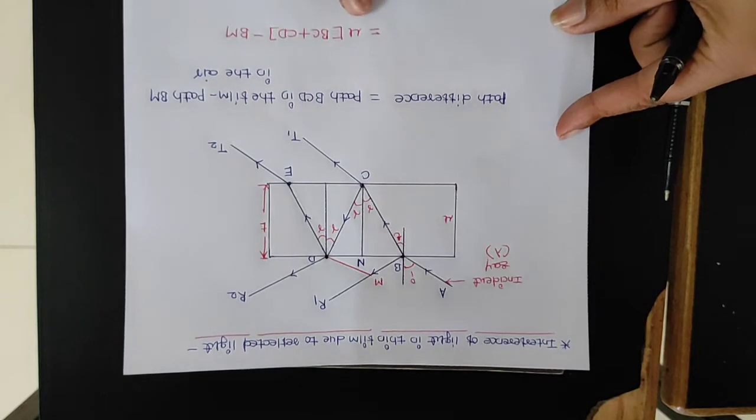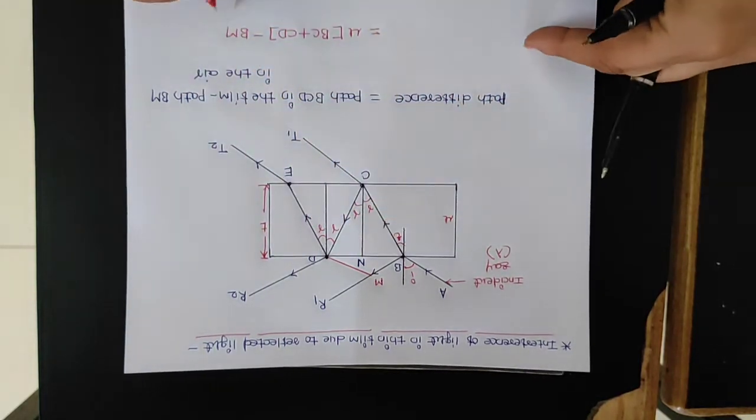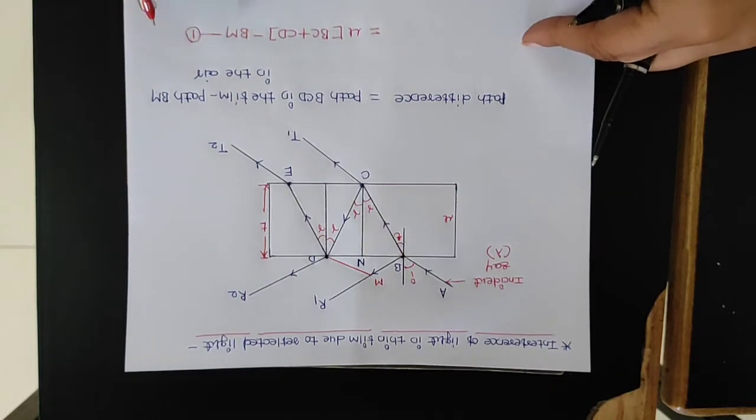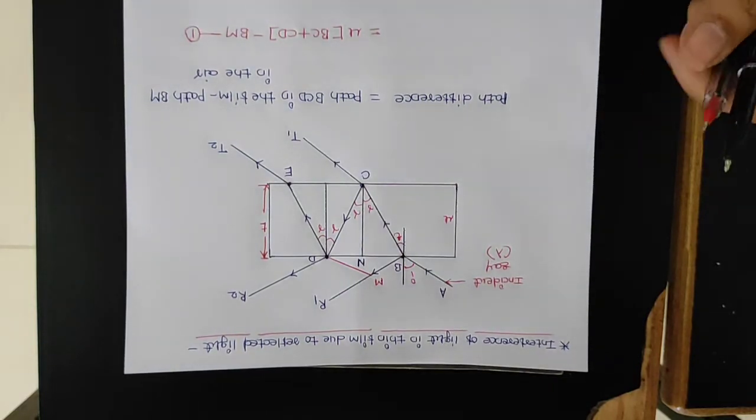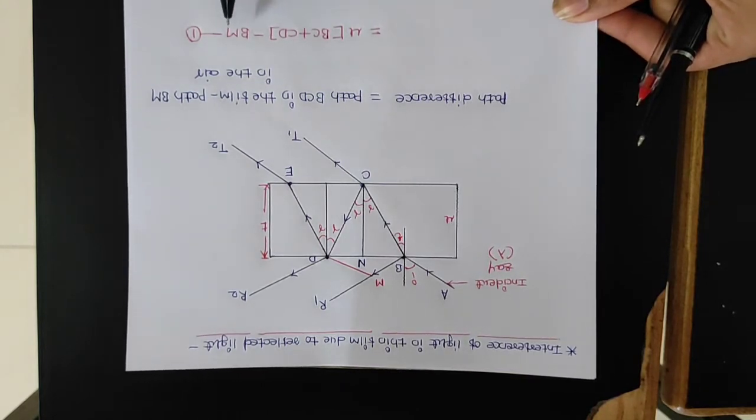Here mu is the refractive index of the film. Give equation number 1. Now here we have to find out the value of BC, CD and BM.